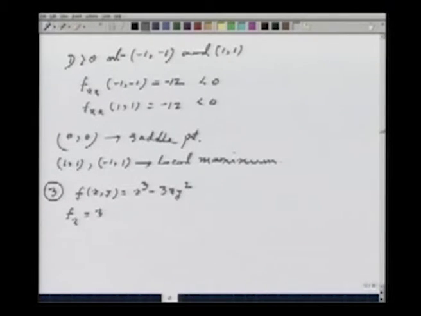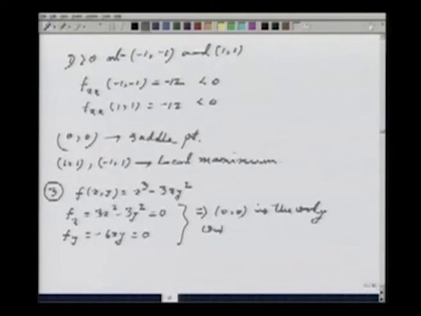Fx is 3x square minus 3y square, which is equal to 0, and then fy, that is minus 6xy, that is equal to 0. So if I try to solve this, this implies the only critical point which comes here is 0, 0.